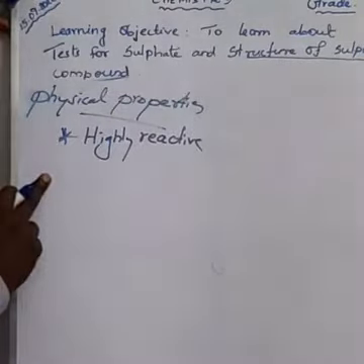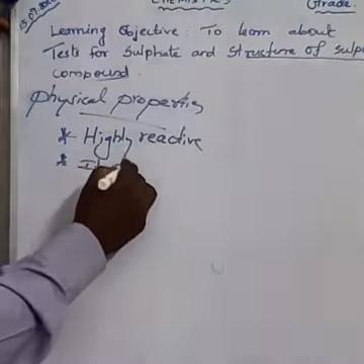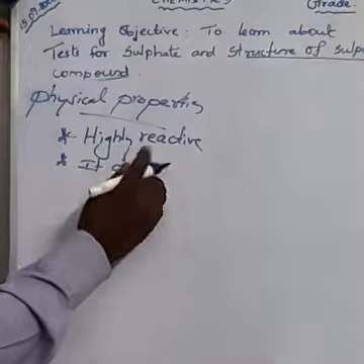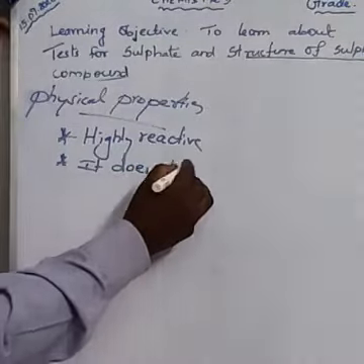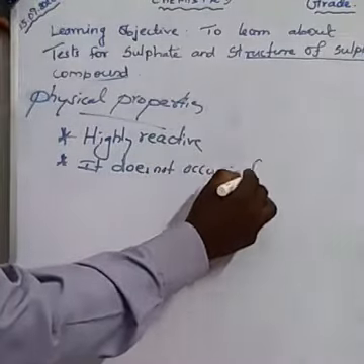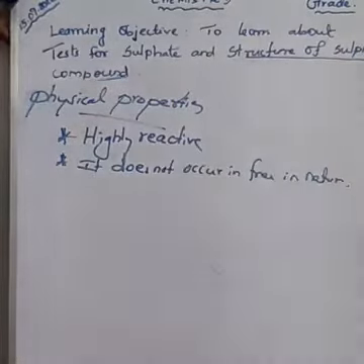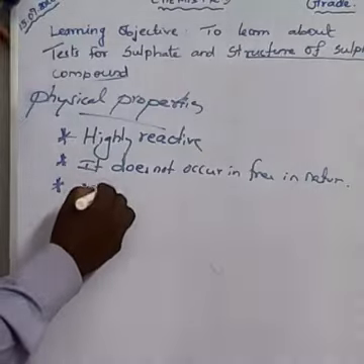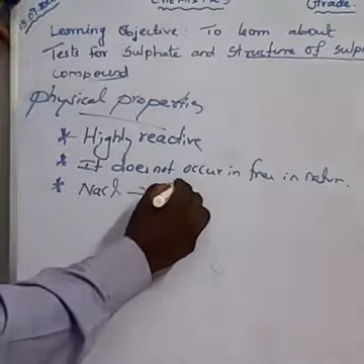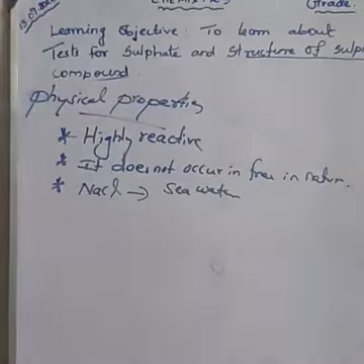It does not occur free in nature. The most important chloride is sodium chloride, which I already told you about. It occurs as sodium chloride in seawater. These are the physical properties of chlorine.